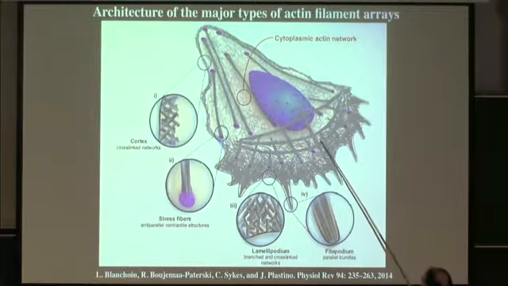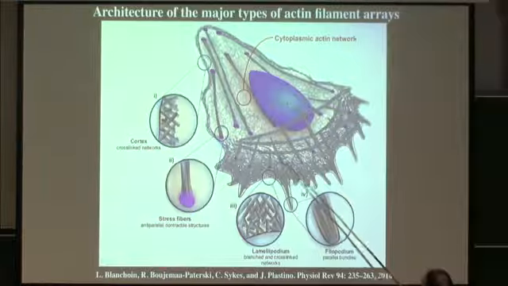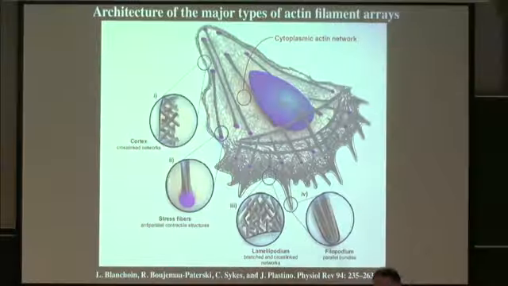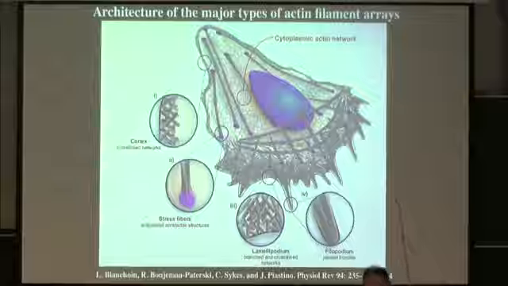And finally, I will show you some new data on organization of myosin that we obtained using so-called structured illumination microscopy, which opens a new facet in the organization of the cytoskeleton.